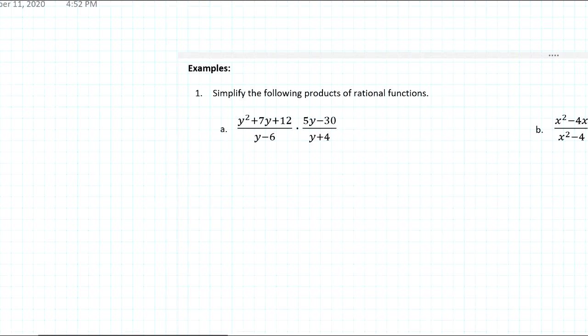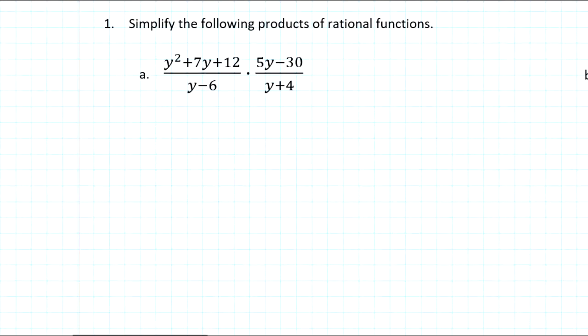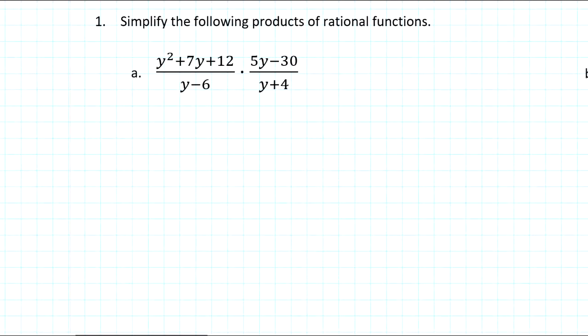The first example we have is y squared plus 7y plus 12 over y minus 6, times 5y minus 30 over y plus 4. What we want to do with this is factor anything and everything that we can.